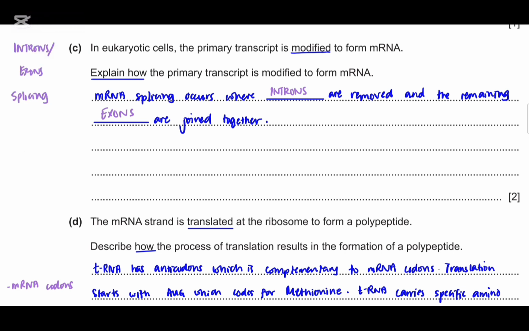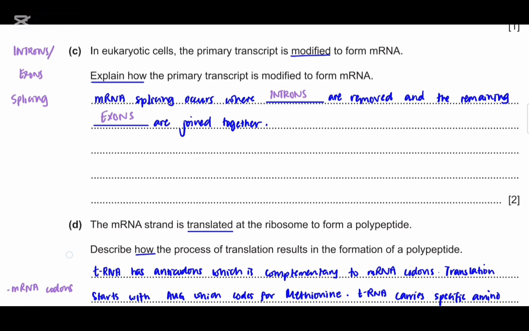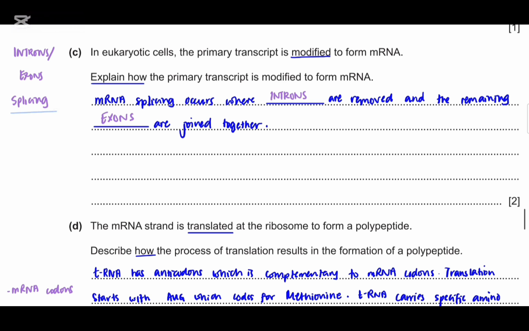A good note that you should be aware of is that when it comes to mRNA splicing, the same gene can give us different types of protein. Why? Because of the way the mRNA is being spliced.